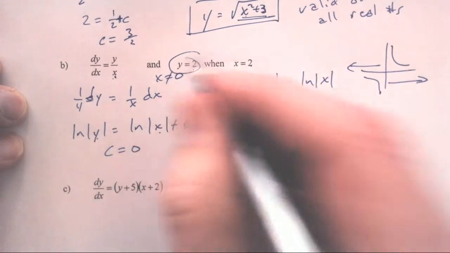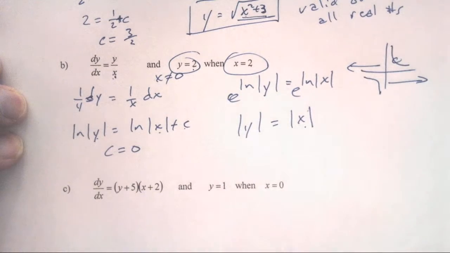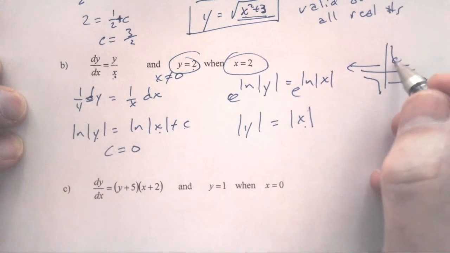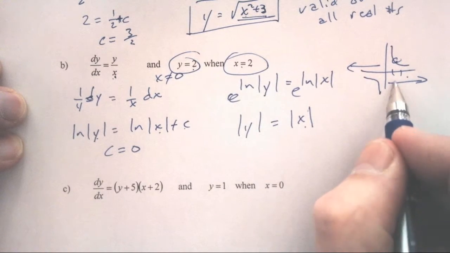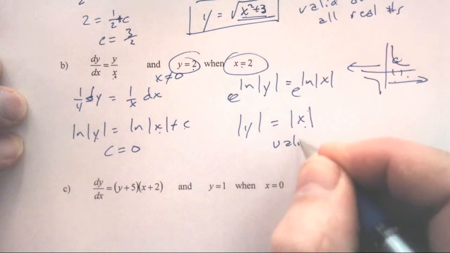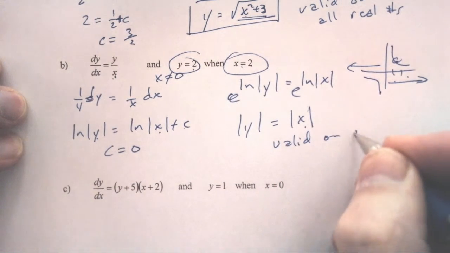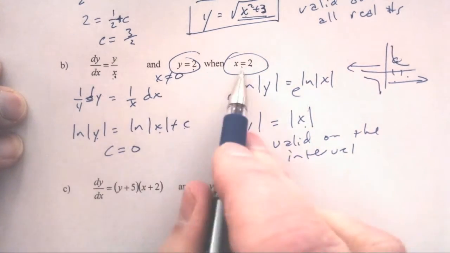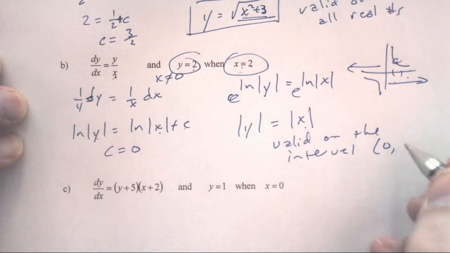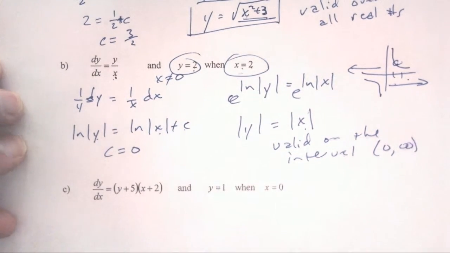And since the point they gave us lies on the right, it's not exactly that point, but the x value is to the right, we're going to say this is valid on the continuous interval 0 to infinity.